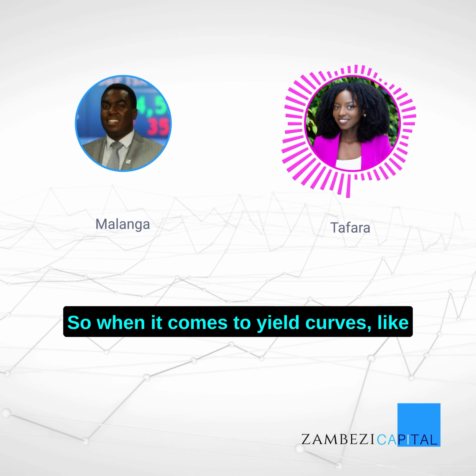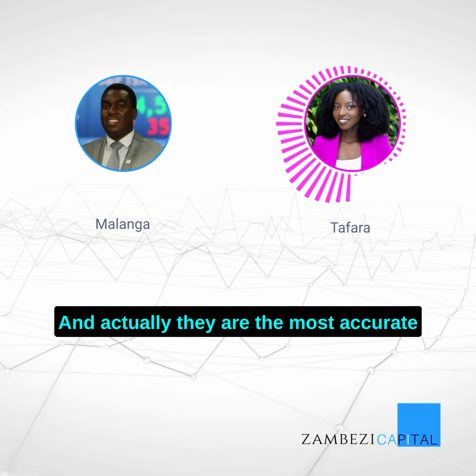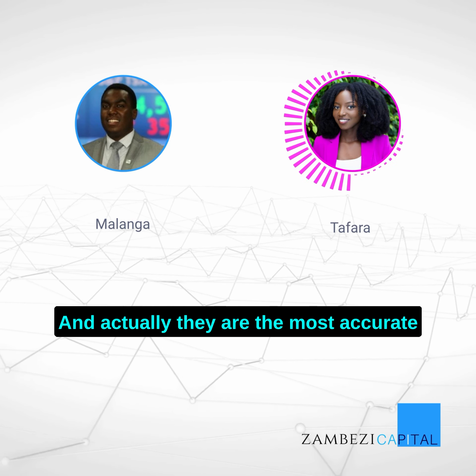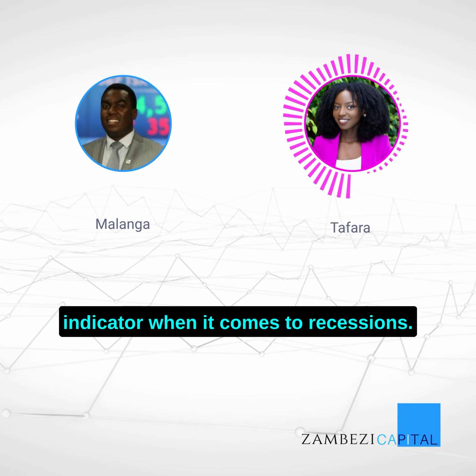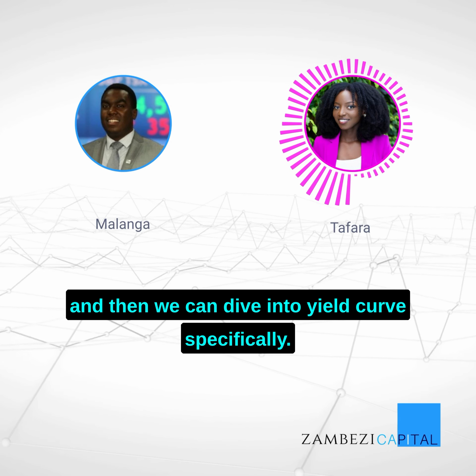So when it comes to yield curves, like I mentioned, they're a great indicator of recessions, and actually the most accurate indicator. I'll give you some of the other measures, and then we can dive into the yield curve specifically.